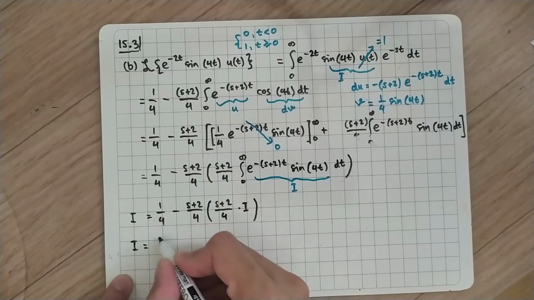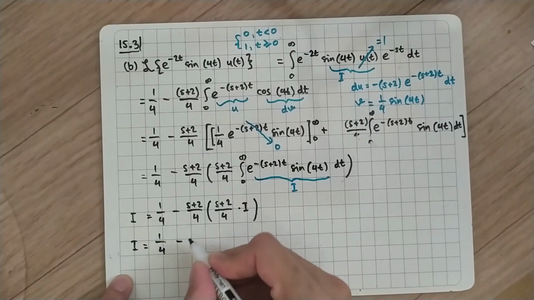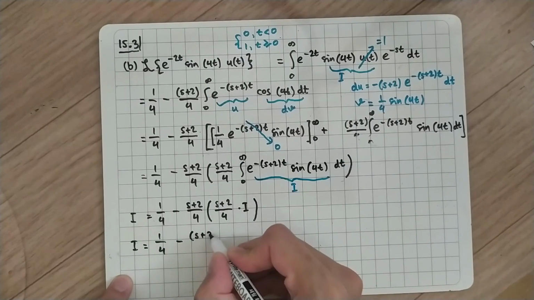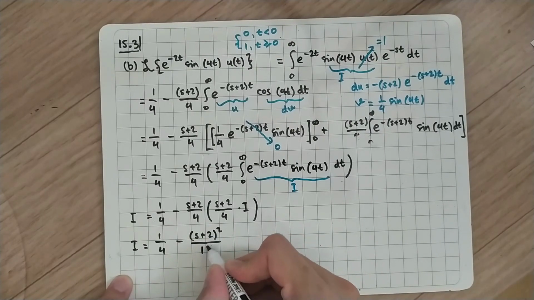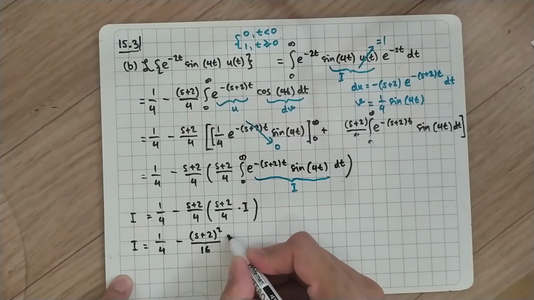So I is 1/4 minus (s plus 2) squared divided by 16 times I.